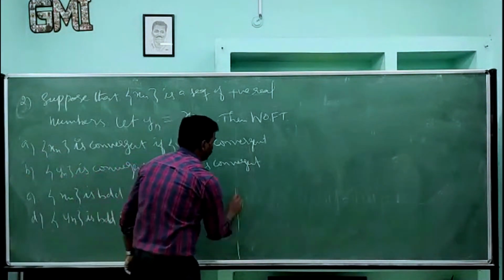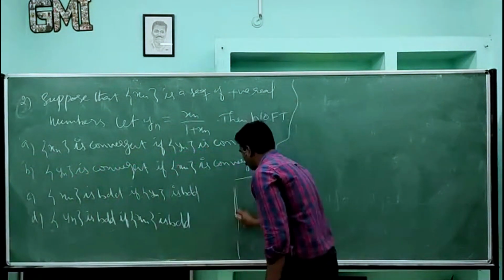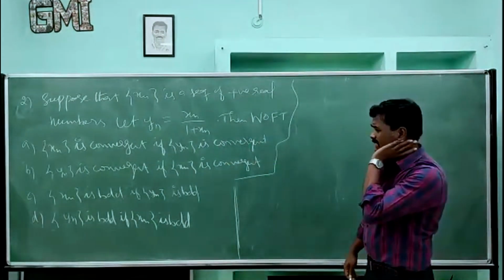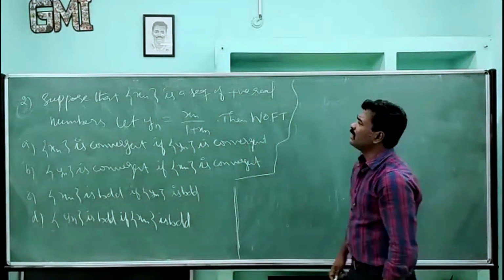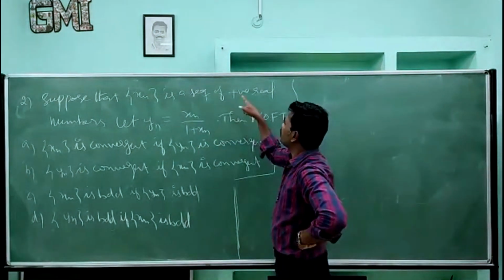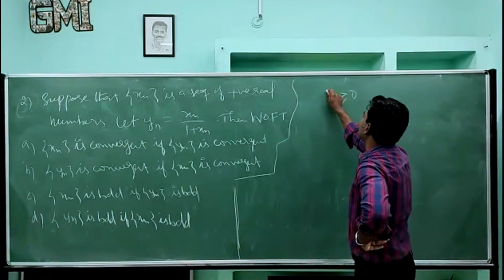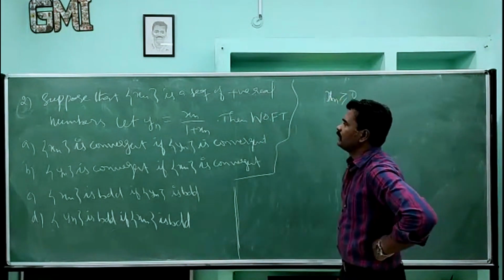Okay, please read the question paper for one second. No need to write. If you want, you can write or take a screenshot, whatever it may be. What is the question? Suppose that xn is a sequence of positive real numbers. You know, right? Positive real numbers means xn is always greater than or equal to 0.